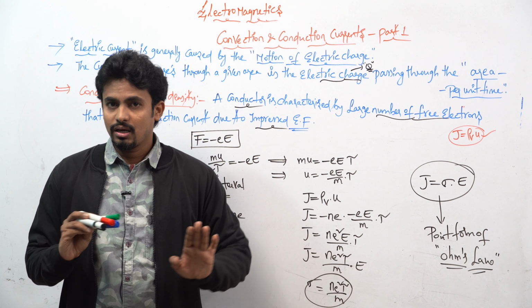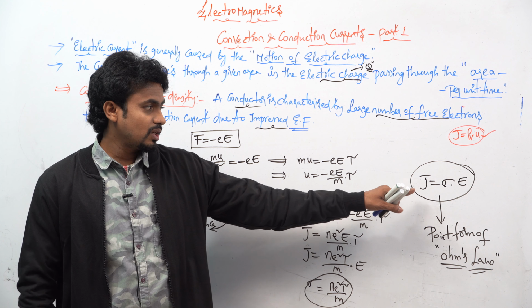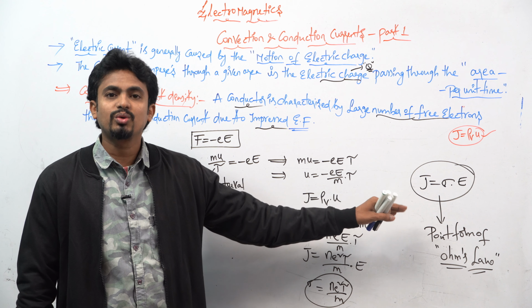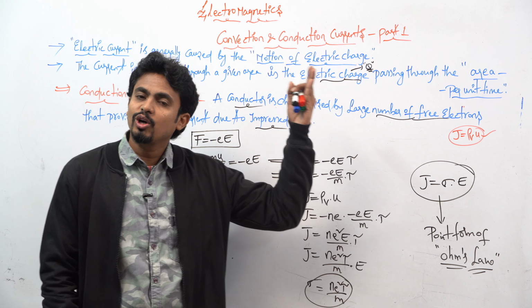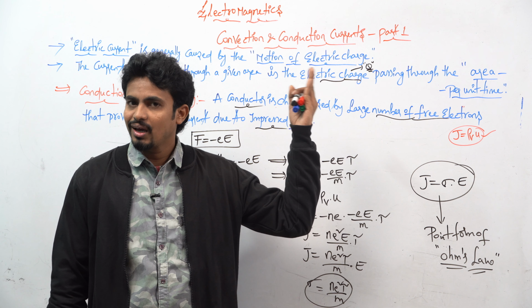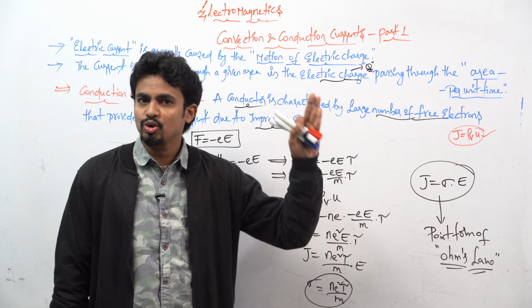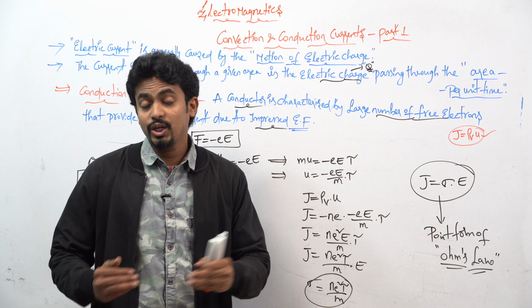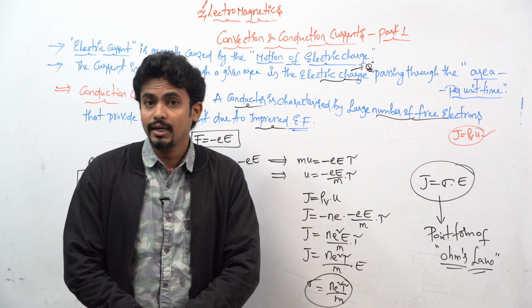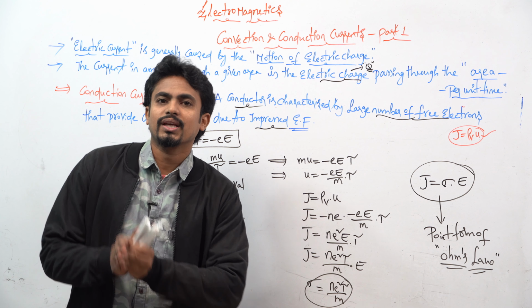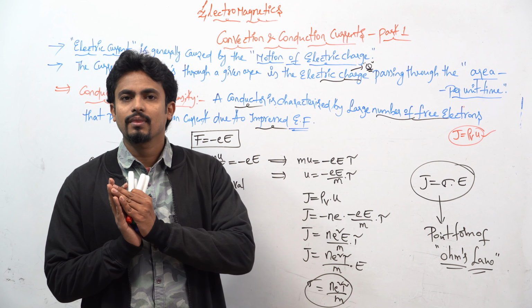Similarly, if you consider J is equal to sigma E and solve it, you will get Ohm's law. If you solve your electrical potential, you will get your KVL. And if you solve your continuity equation, you will get your KCL, right? There my network analysis subject starts.